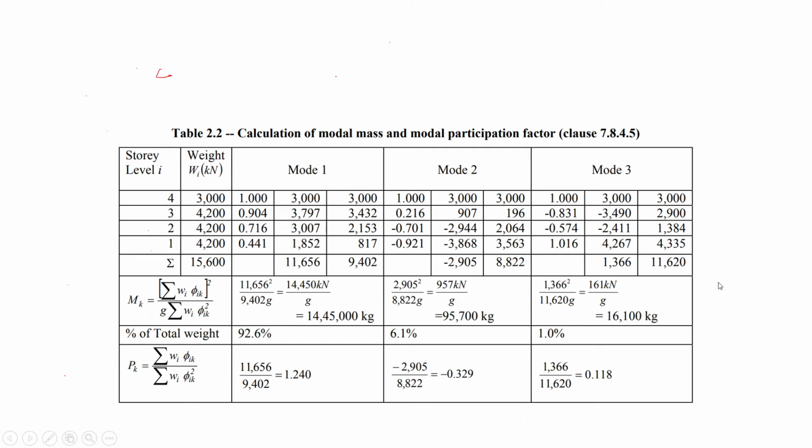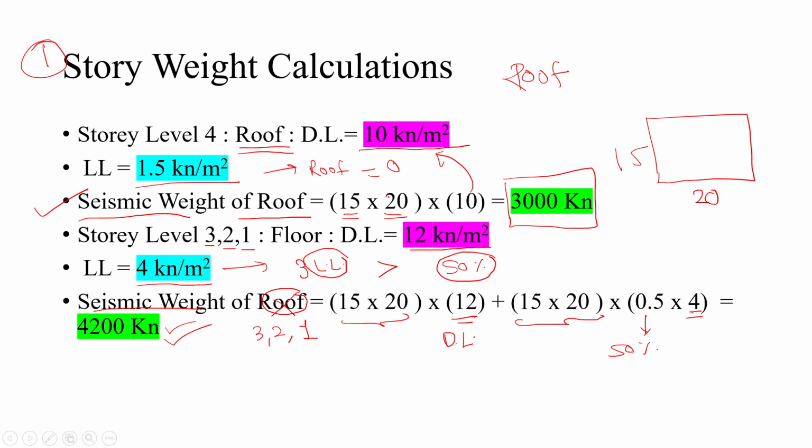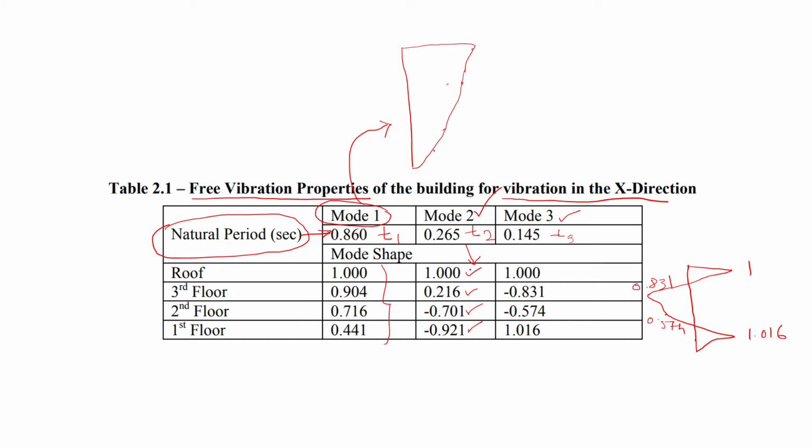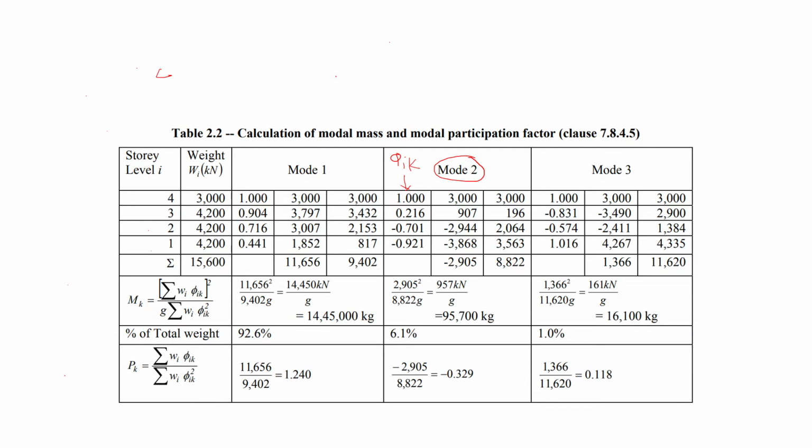Now similarly, we have done it for mode 2. These are the mode shape coefficients of the second mode, which are given here. You have to multiply these mode shape coefficients with the weights. I will show you two examples again. 3000 multiplied by 1, you will get 3000.